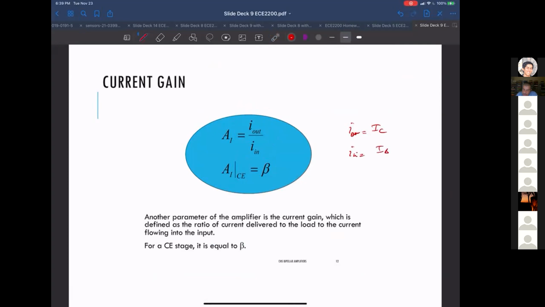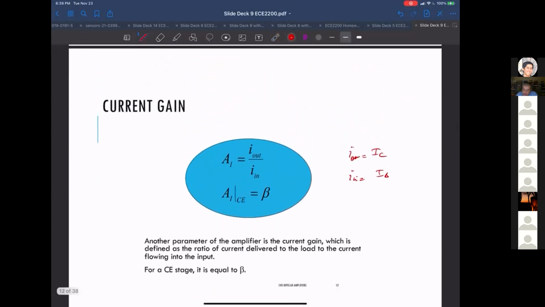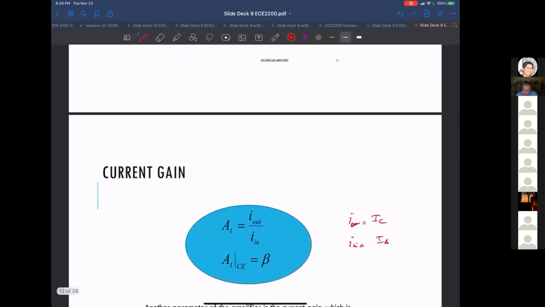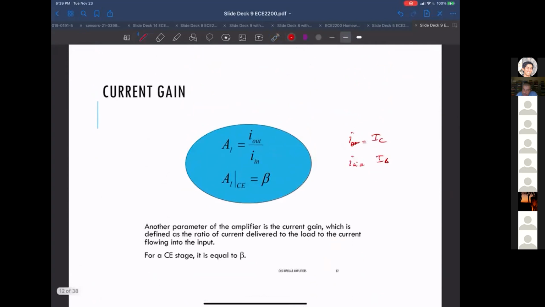So fair enough. I was jamming through this common emitter stage because I think all of it is review.